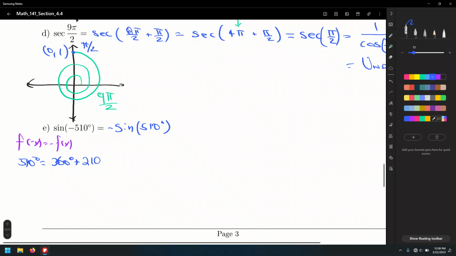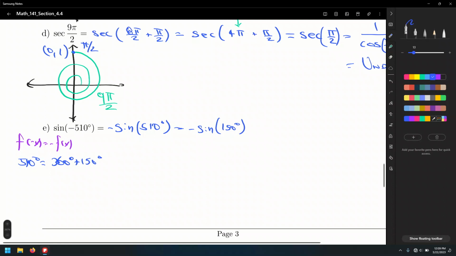So that's 150 degrees. And since this angle is coterminal with 510 degrees, we can write this as simply negative sine of 150 degrees.